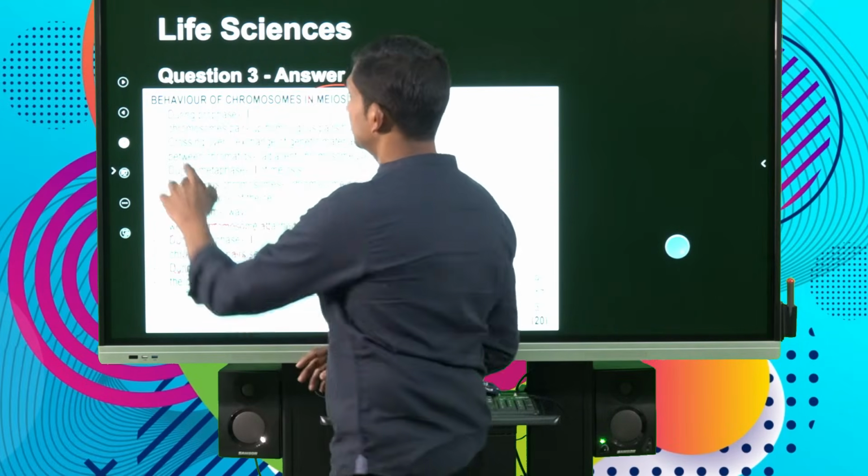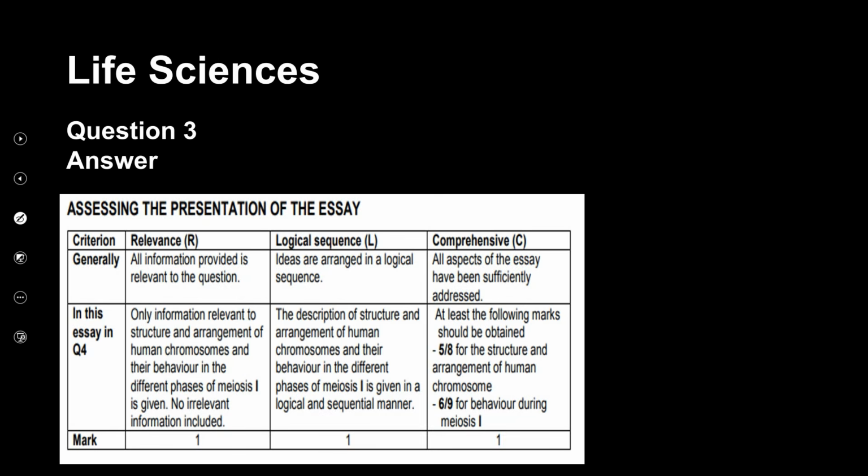And again, guys, we often see that learners forget about the 3 marks, which I use this rubric to explain. It's called the synthesis, and the first mark is for relevance. This information is about being relevant to what you're talking about, and in the context of this essay it was about the human karyotype and the different phases of meiosis.